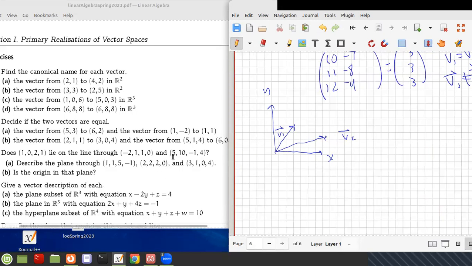It's Euclidean geometry, so two points determine a line. So here's this line that's through these two points. The intuition here is we need to find a vector along this line. The vector you want is V2 minus V1.